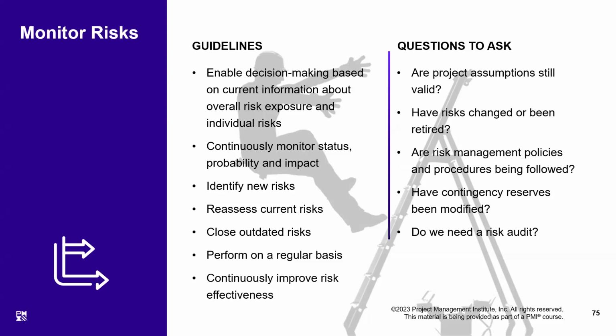which may be identified. So we continuously monitor the status, probability, and impact of all the risks we have identified. We identify new risks all the time. We reassess those current risks, and if the status of a risk has changed, we should record it and we should update our risk management plan.